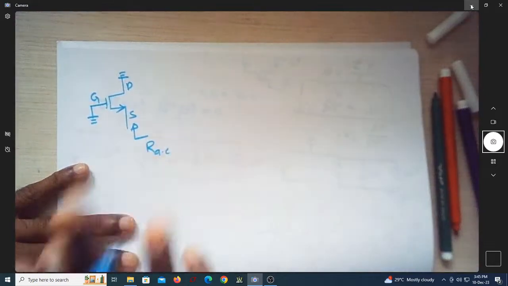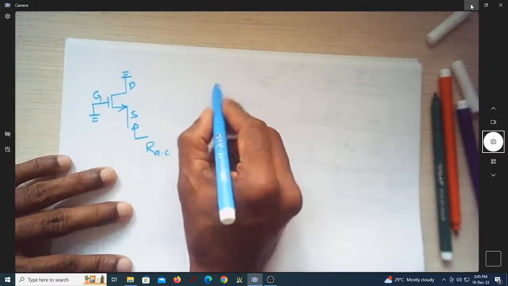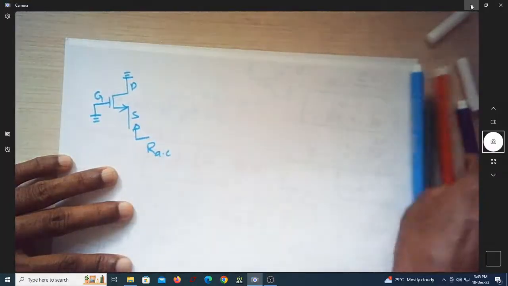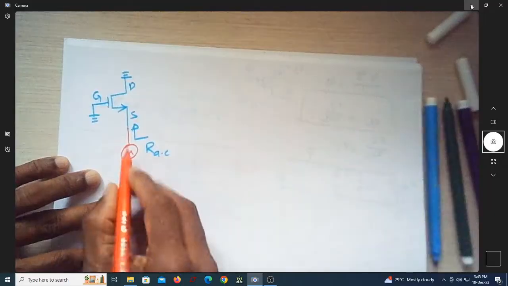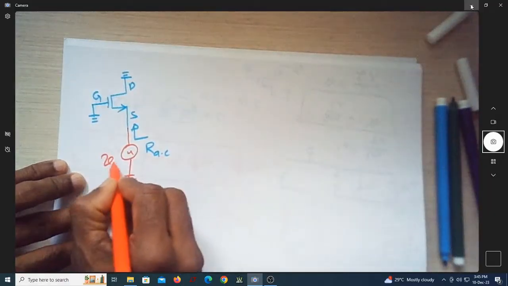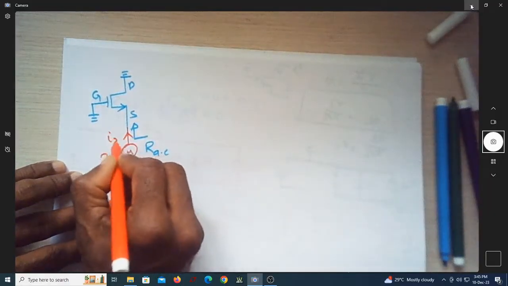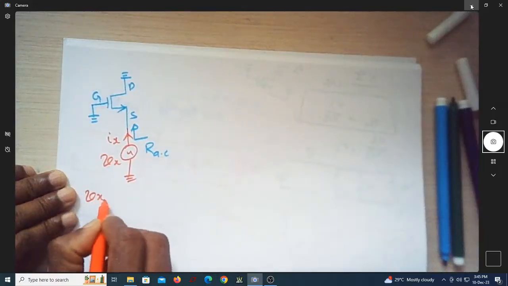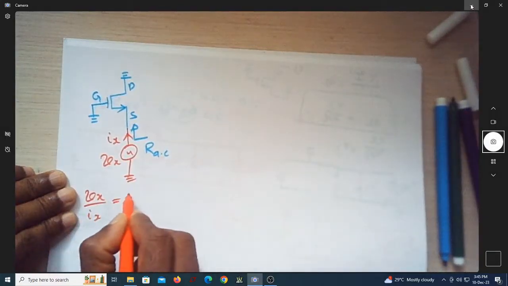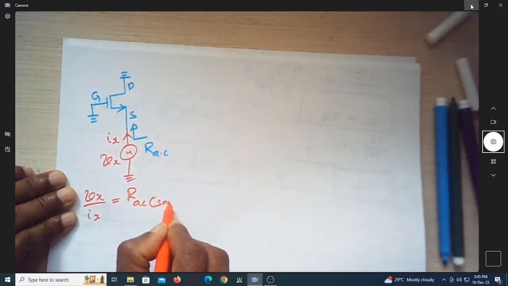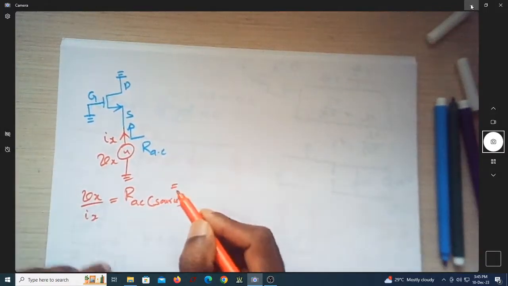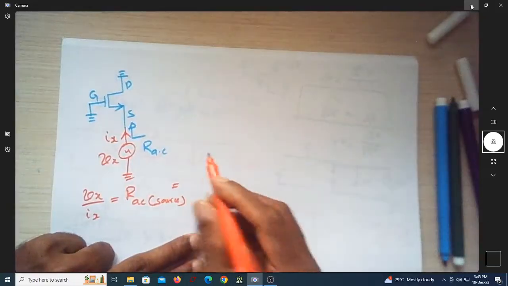What is the AC resistance looking into the source? For that, let us again do the same analysis. Let me connect a dummy source. Here this is Vx. I will measure Ix. Vx by Ix happens to be the AC resistance looking towards the source. I can actually find out what it is.